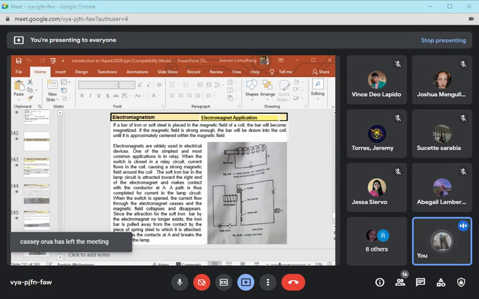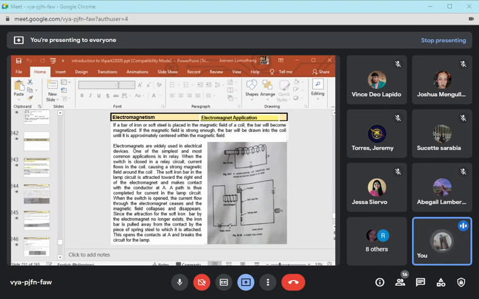Okay? So again, when the switch is closed in a relay circuit, it leads to a strong magnetic field around the coil. Okay?